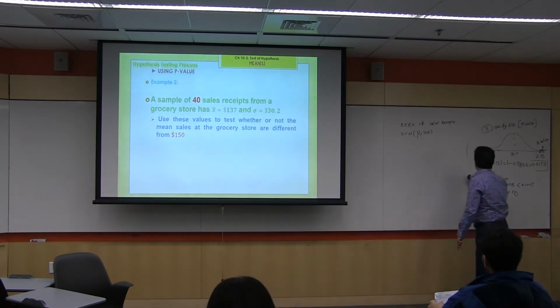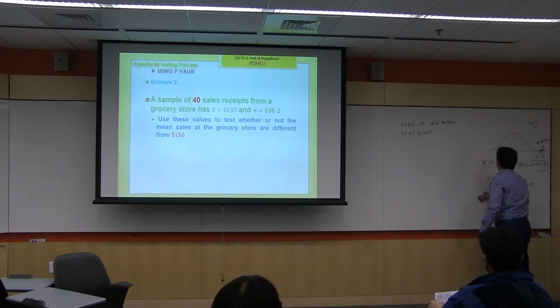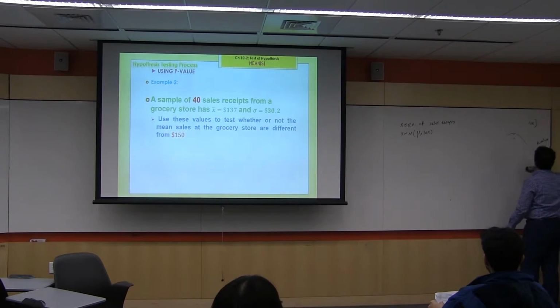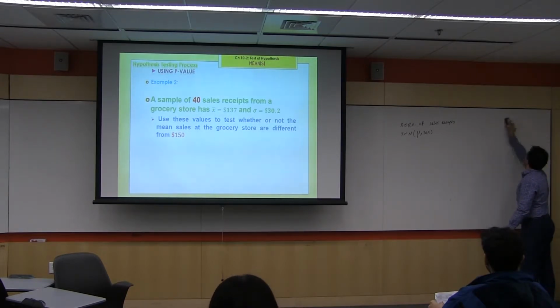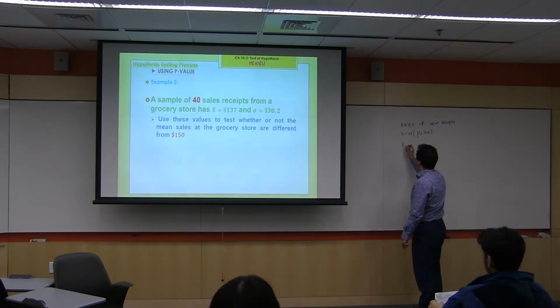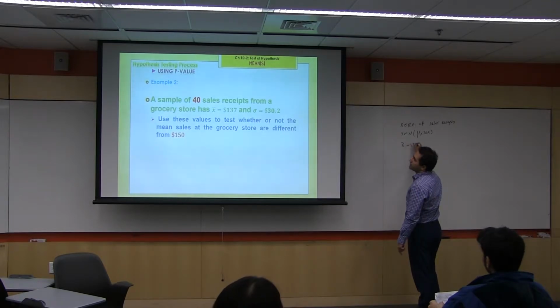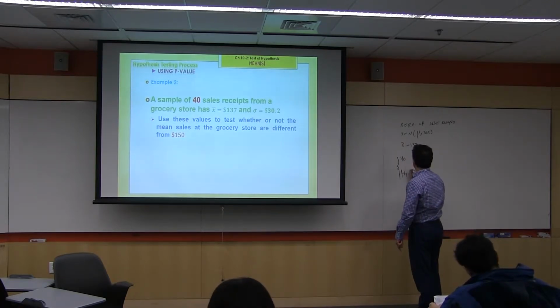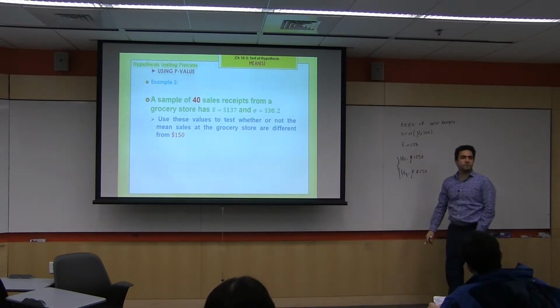So we got a sample of those, and from the sample we found that X bar is 137. So the test that I'm running is saying whether the mean is 150 or not. This is a two-tail test.